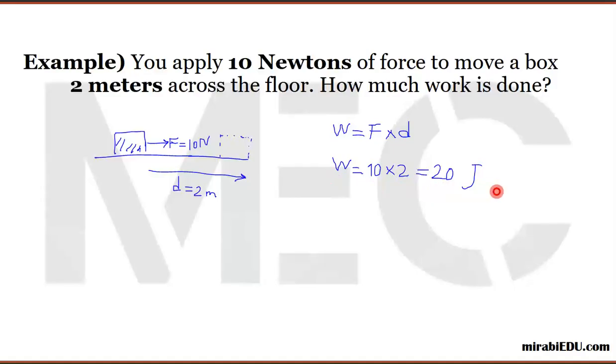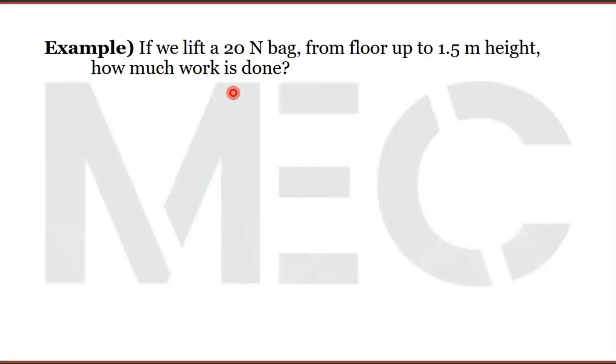Okay, how much work is done? 20 joule. Okay, if we lifted 20 Newton bag from floor up to 1.5 meter height, how much work is done? This is another example. So this is a bag. What is the weight of it? 20 Newton.